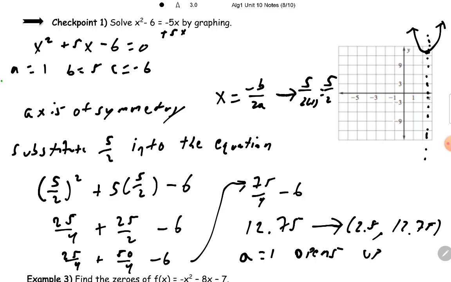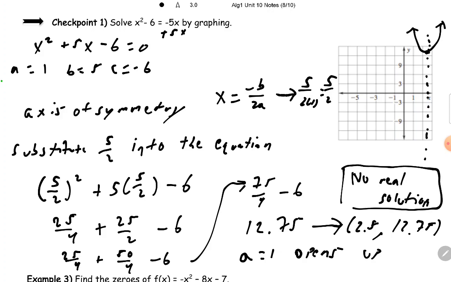Now, as you can see, this is not going to cross the x-axis, so no real solution. It only has a solution if it crosses the x-axis, and this will never do that.